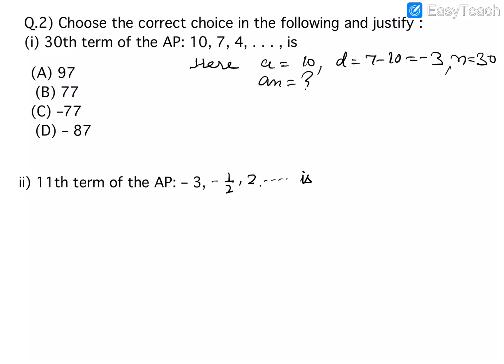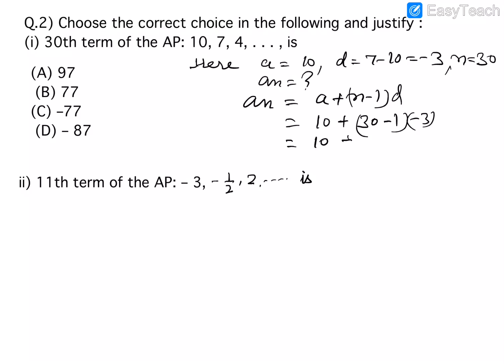So using the formula an is equal to a plus n minus 1 into d, we can calculate an. a is 10, n is 30, 30 minus 1 into d is minus 3.